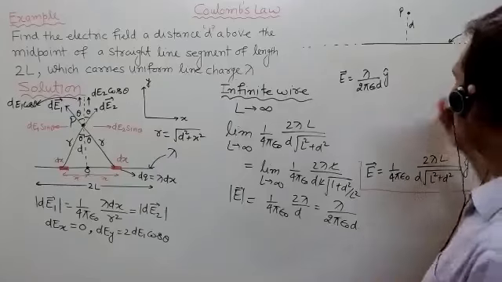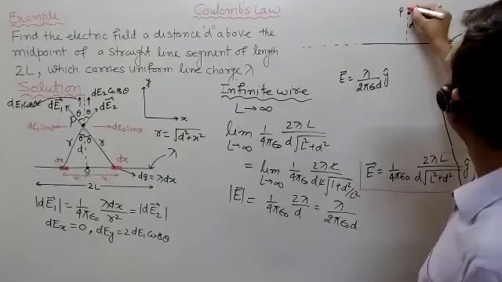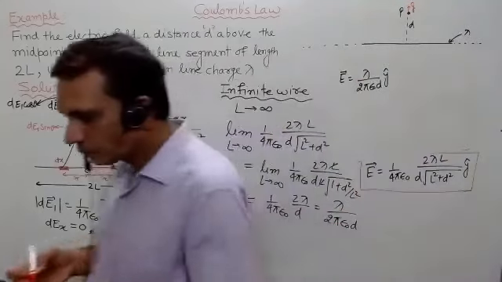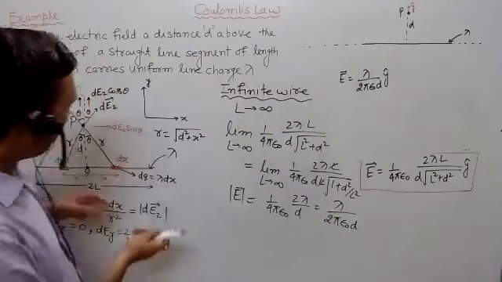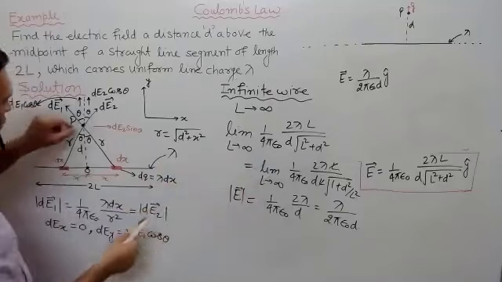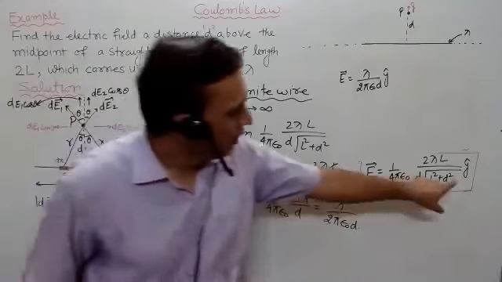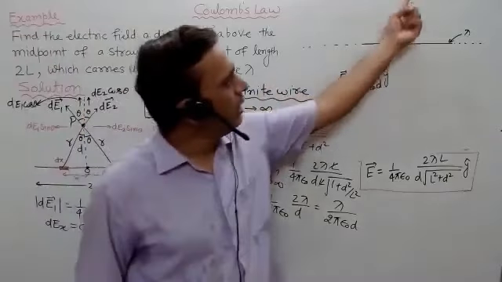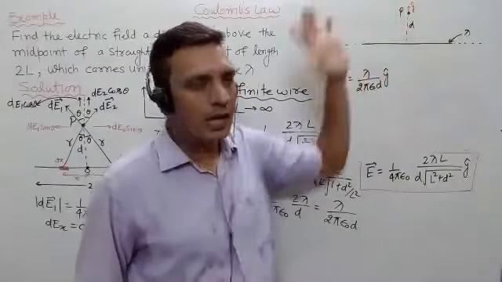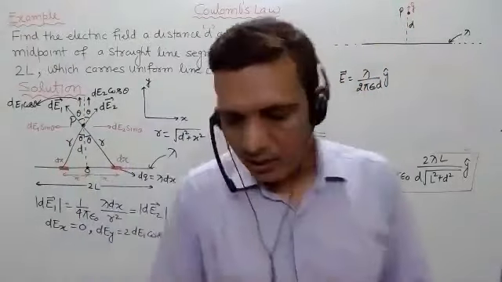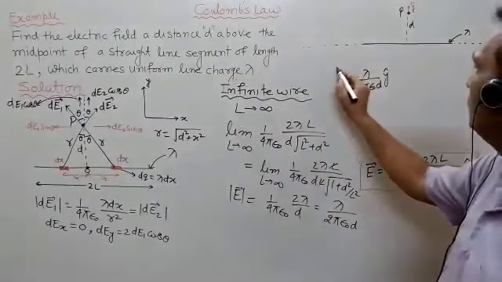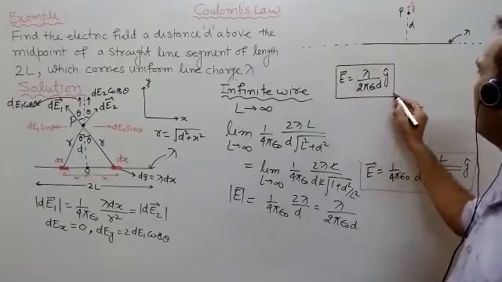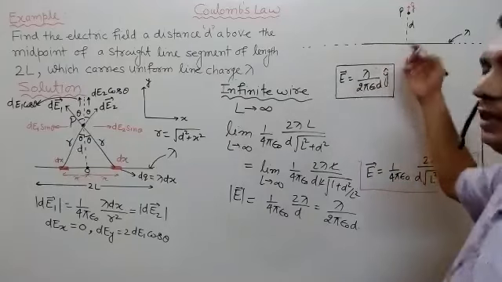So at this point, what will be the direction of the field? Y cap. Is it clear? Same symmetry, but now the wire tends to infinity. So at point P, you can see the electric field is in the upward direction. So when infinite, the field is upward. You have to remember this relation. What will be the field due to an infinite wire? Lambda by twice pi epsilon naught d y cap.